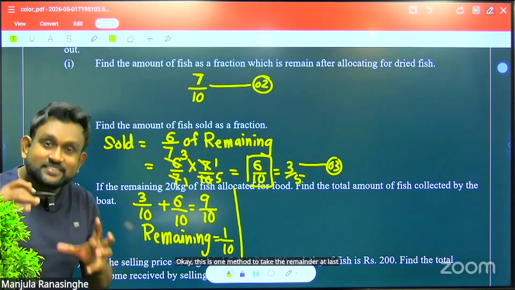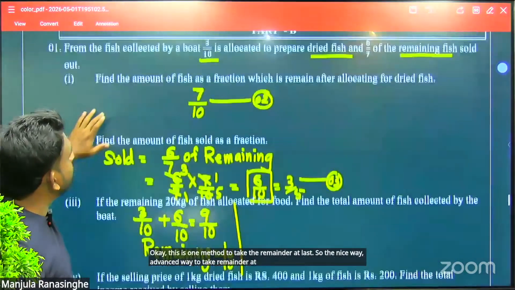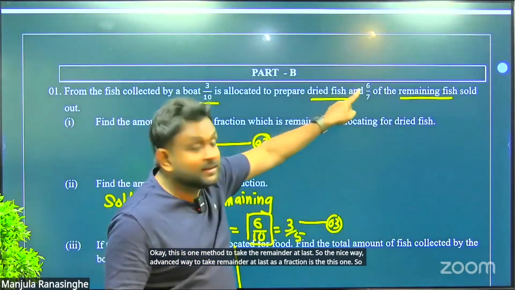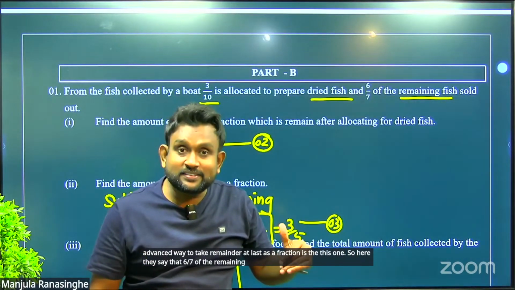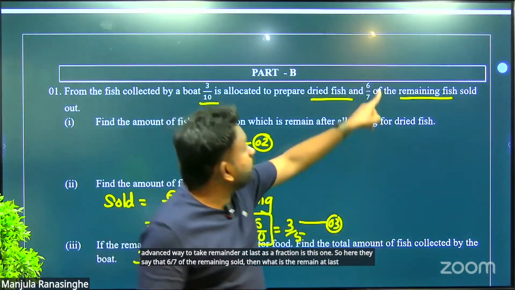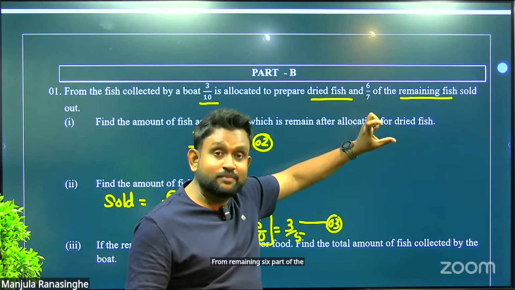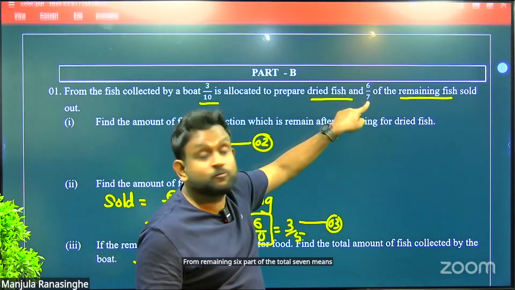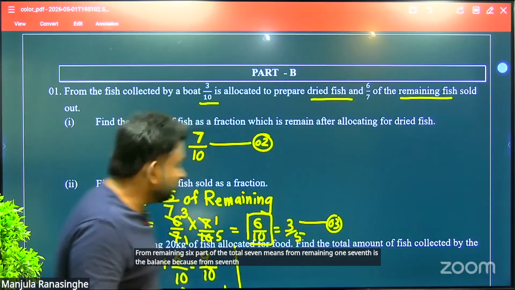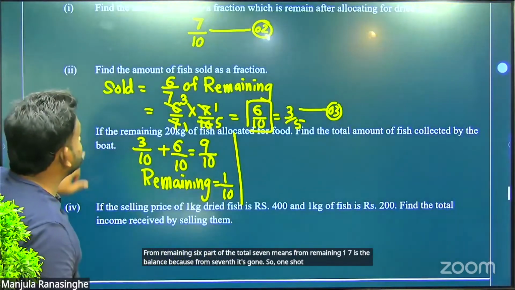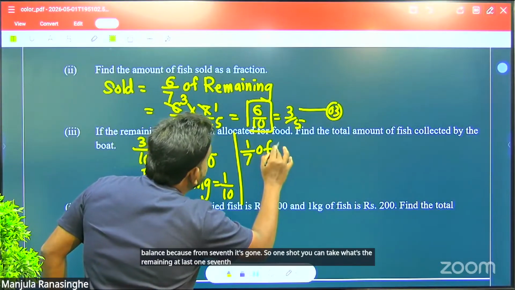So the nice way, the advanced way to take the remainder at last as a fraction is this one. Here they say that 6/7 of the remaining is sold. Then what is the remained at last? From the remaining, 6 parts of the total 7 are done, which means from the remaining 1/7 is the balance, because from 7, 6 are gone. So in one shot you can take what's the remaining at last, 1/7 of remaining.